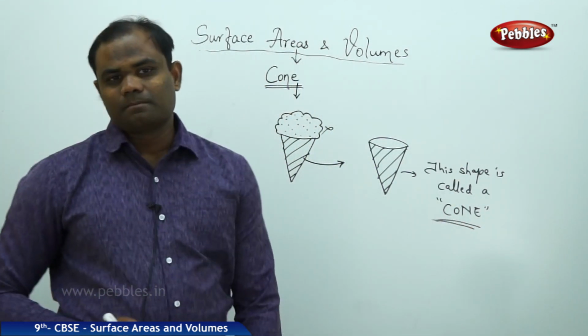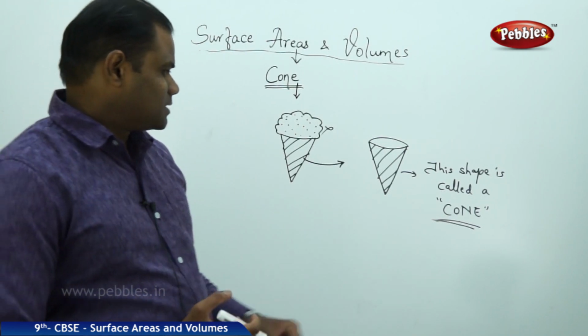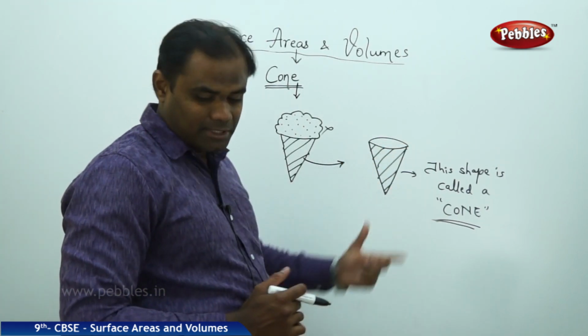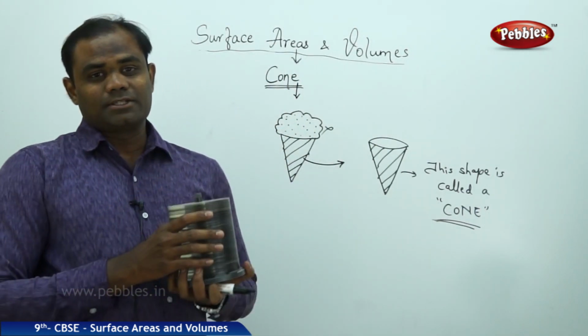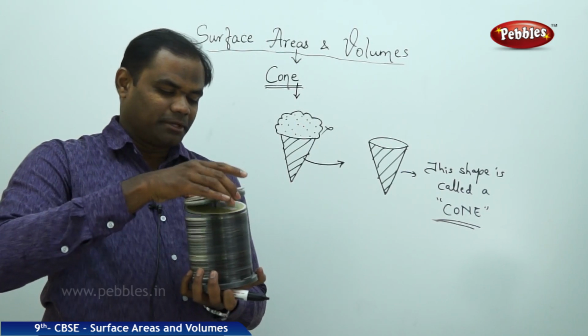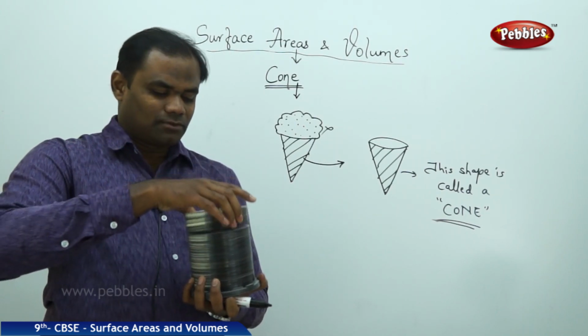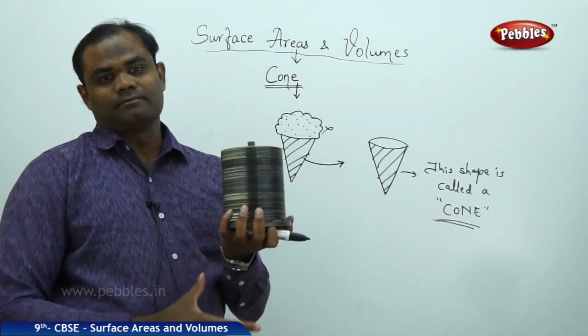So what is a cone? What are its different properties? Just like in the previous problem, where we took a cylinder as a real life model, each of the discs of the same shape was put together to form a cylinder.